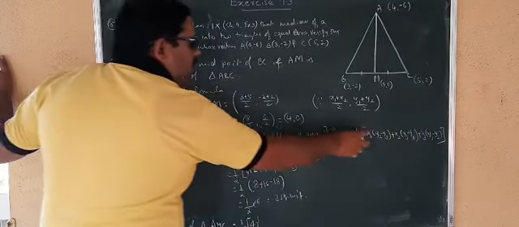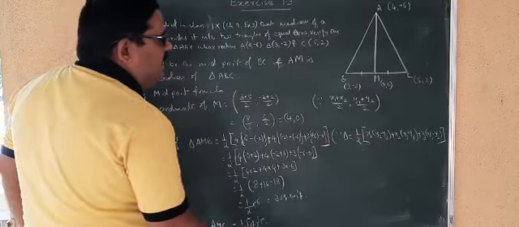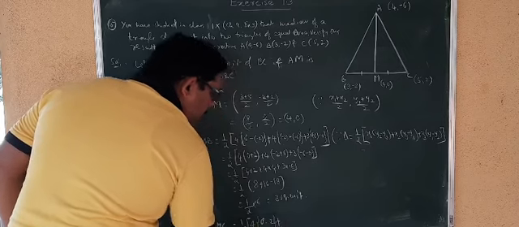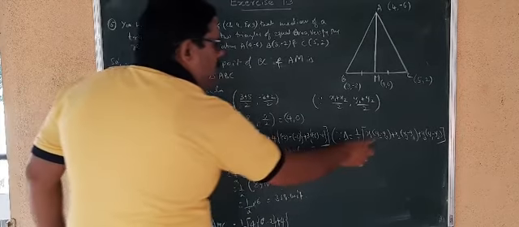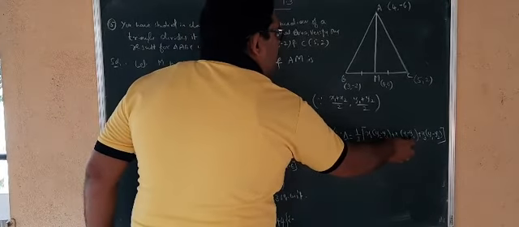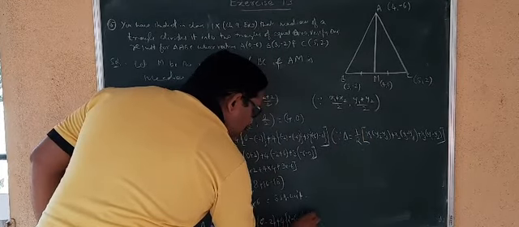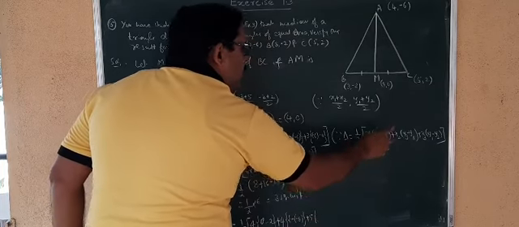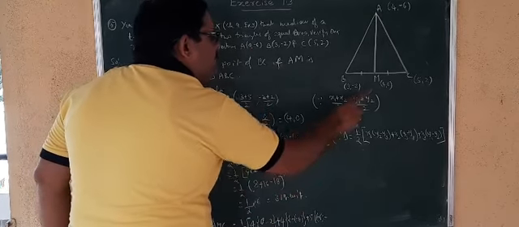So y2 is 0 minus y3 is 2, plus x2, that is 4, into y3, that is 2, minus y1 which is minus 6, plus x3 is 5 into y1 which is minus 6 minus y2 which is 0.